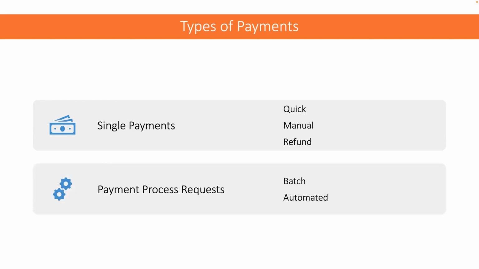And most people who make payments as payment processing would usually use the payment process request. So today we'll be looking at some of the details of the payment process request and how to create disbursement payments using forms like EFT, which is the electronic payments, and also any other type of payments out there.